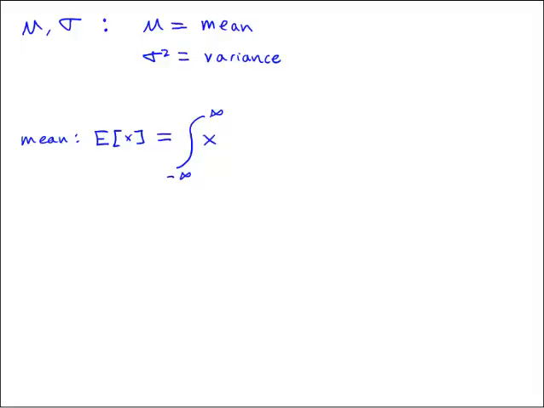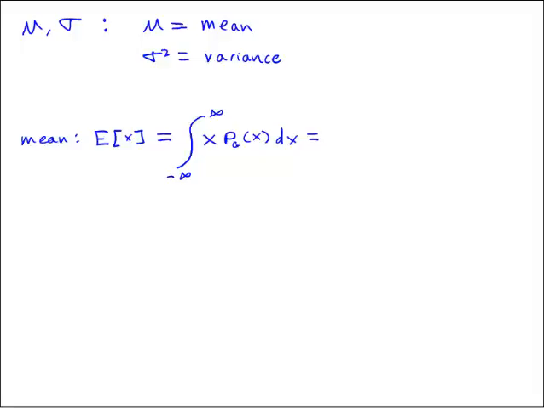So we're adding up all of the possible x's, but we're weighting them by their respective probabilities. So that is the expected value of x.